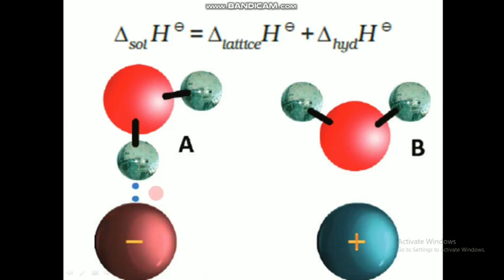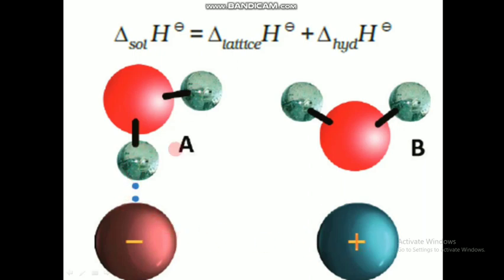So a cluster of H2O molecules will come around negative ions and positive ions. In the case of positive ions, the oxygen side of H2O will come to this side and make a cluster. And in the case of a negative ion, the H plus side of the H2O molecule will come and make a cluster around the negative ion. This is known as hydration.